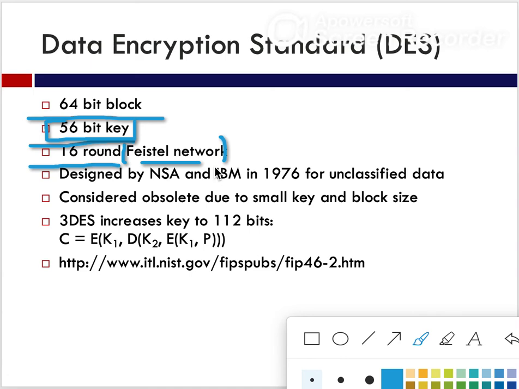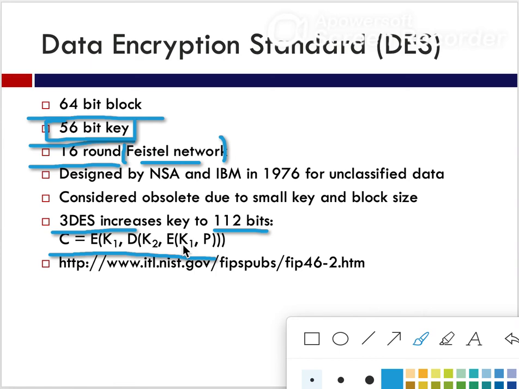So the immediate solution for this smaller key length was Triple DES, or 3DES. In 3DES, the key has been increased to 112 bit, because we use the DES algorithm three times. Triple DES can use two keys.